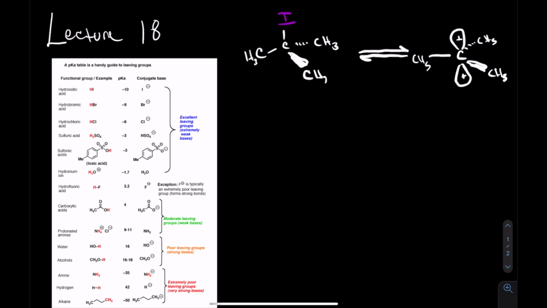And those are positively charged. We'll just make only one positive charge so it's very clear. And then we also have I minus that has come off. So we haven't lost any charges. There's still a plus charge here, and there's still a minus charge here. If you add them up, they're neutral, just like what we started with. So that's good to keep our math together. But there is a discrete equilibrium here, all right?